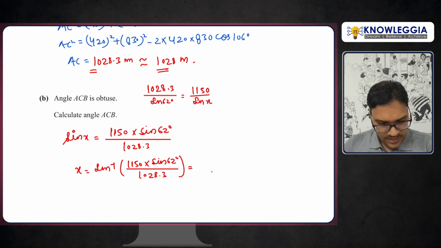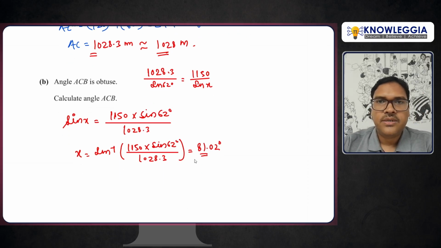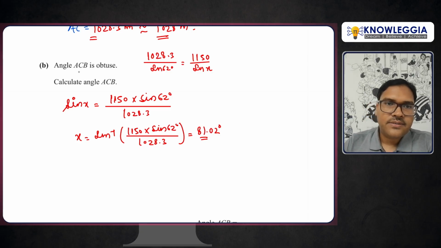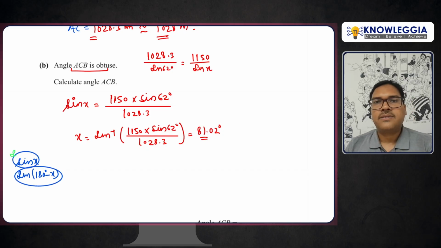You will find this is 81.02 degrees. Now they are asking you to write the obtuse angle. We know that for sine, the values of sine x and sine of 180 degrees minus x are the same.